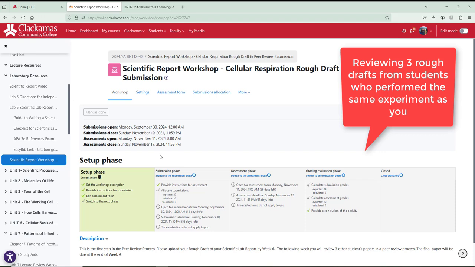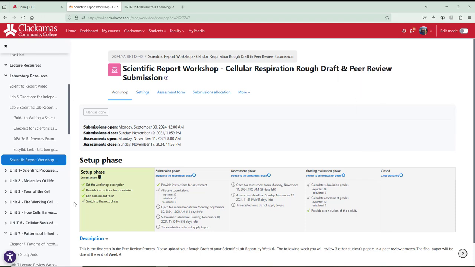But you'll have 3 students that did the same experiment as you, so they're working with the same variables. So if you did salinity, you're going to be critiquing 3 students that did salinity, okay, or temperature, or something like that, okay? So I'm going to try to stick with students that did the same experiment as you. So you're going to be grading their reports.